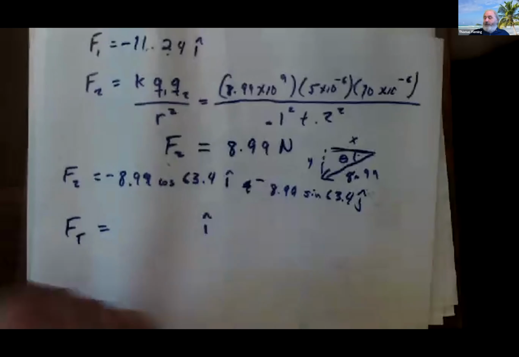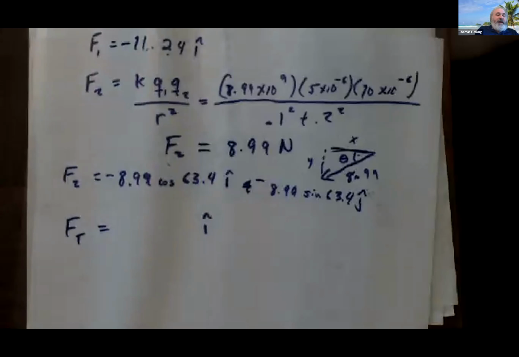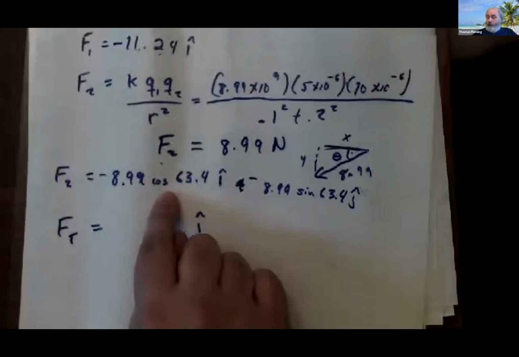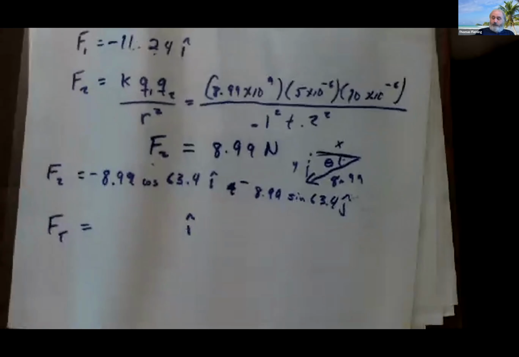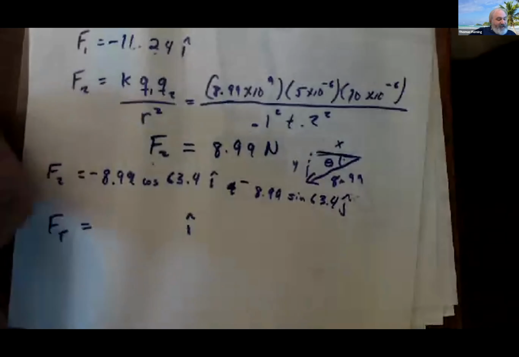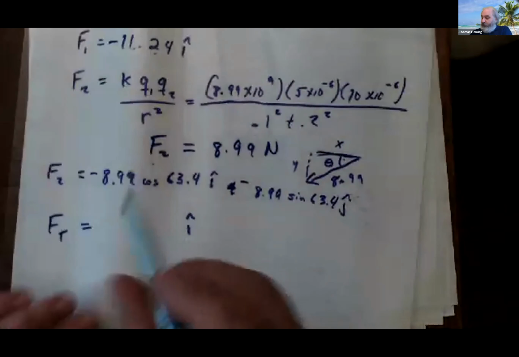So let's crunch that number real quick. So if I take 8.99 times the cosine of 63.4, this number right here is 4.02. So together, this plus this is going to be negative 15.26.